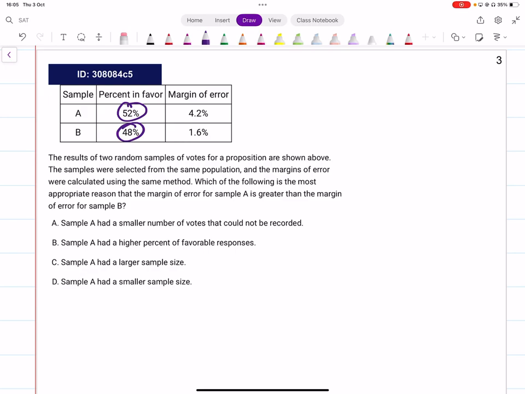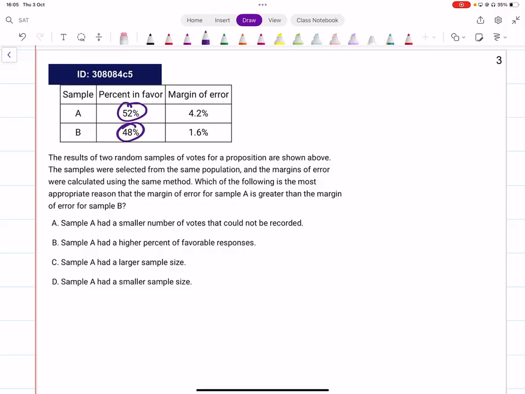So there are two random samples, and they're given some proposition. In sample A, 52% are in favor. In sample B, 48% are in favor. They're collected from the same population. Which of the following is the most appropriate reason that the margin of error for sample A is greater than the margin of error for sample B?